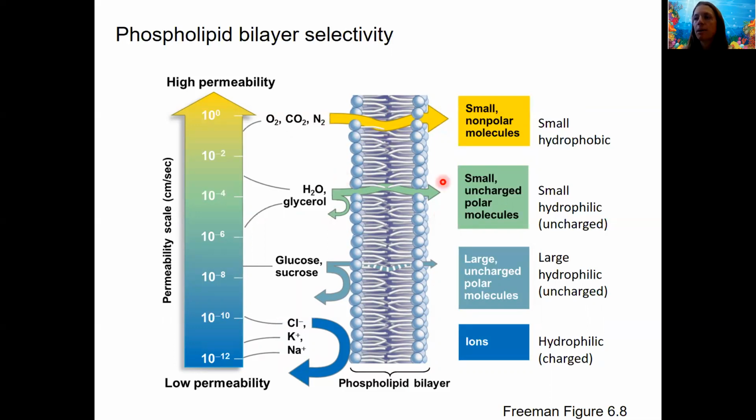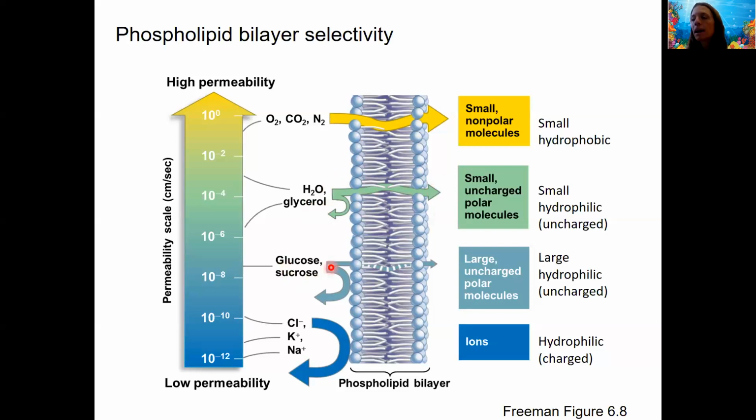Then we've got these that can pass through to some extent. Small still, maybe a little bit bigger, uncharged, but with some polarity to them. So water is a good example of this. It can pass through some. It's not going to go quite as quickly, but it can. We'll get back to water. There is a protein that helps it because we need water to pass across a lot.